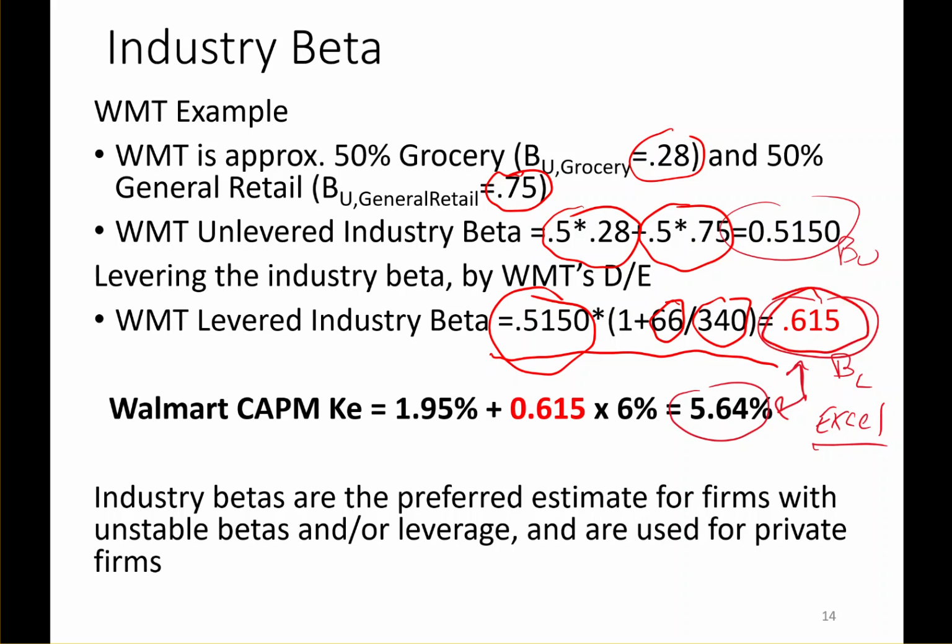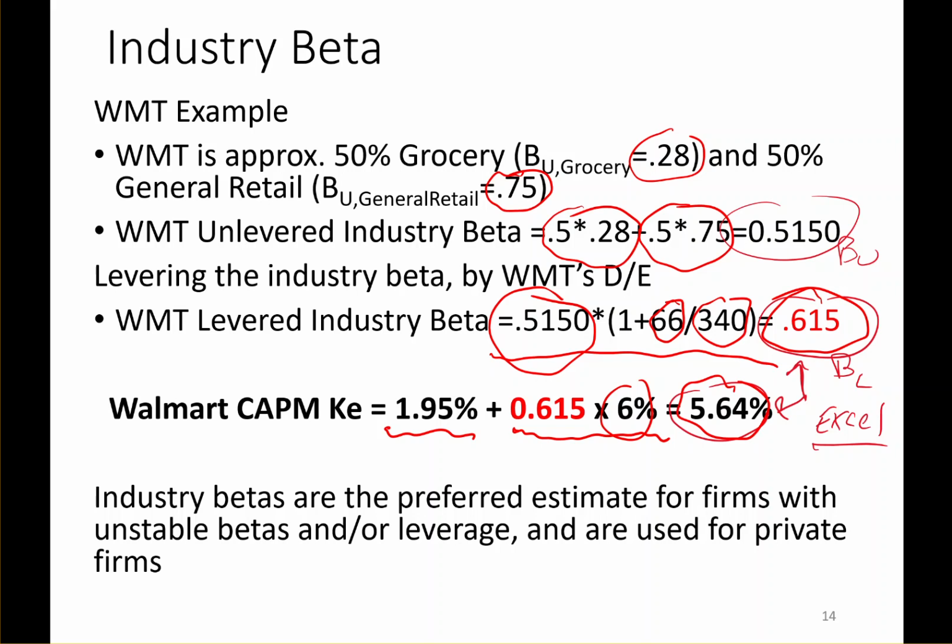And I say, well, Walmart in theory should have a 0.615 beta given their debt levels and given what industries they're in. So I can use that levered industry beta in my CAPM formula: risk-free rate plus that new beta times my market risk premium, which I'll just say is 6%. And now I have a 5.64% CAPM cost of equity for Walmart.